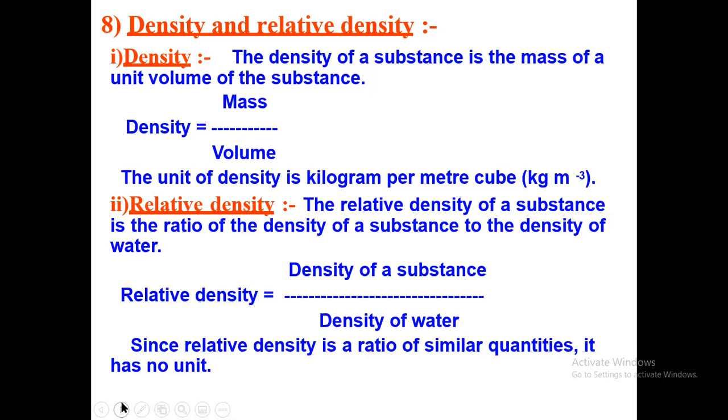Relative density: the relative density of a substance is the ratio of the density of a substance to the density of water. So relative density is equal to density of substance upon density of water. Since relative density is a ratio of similar quantities, it has no unit.